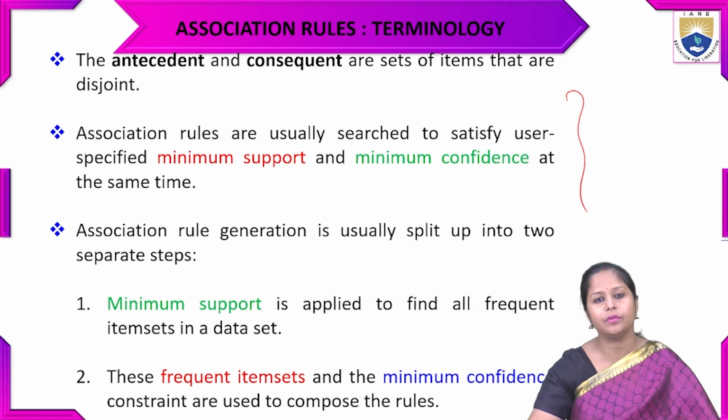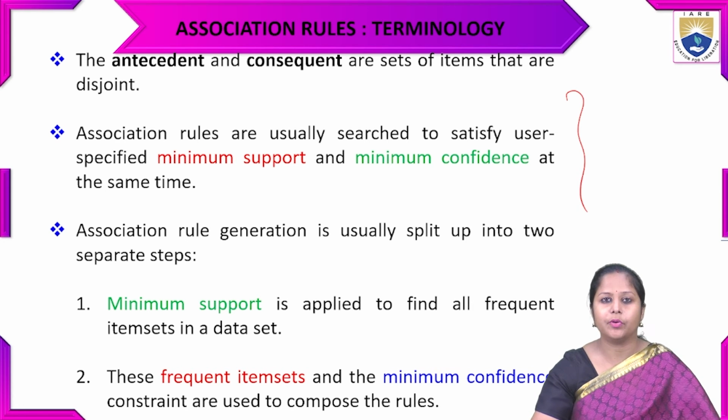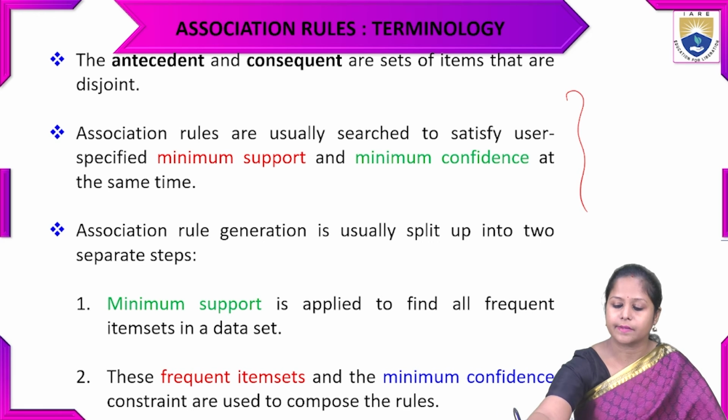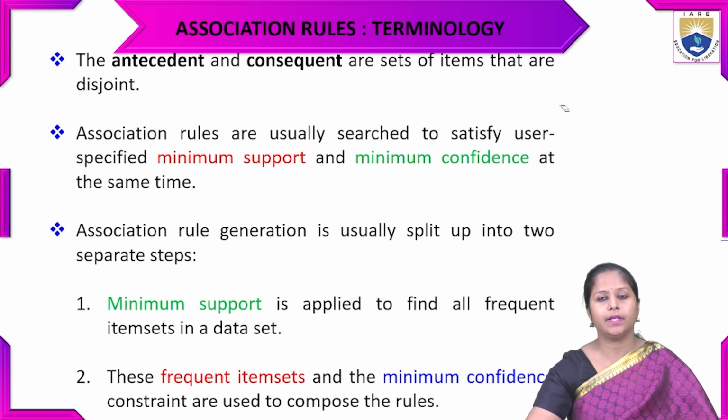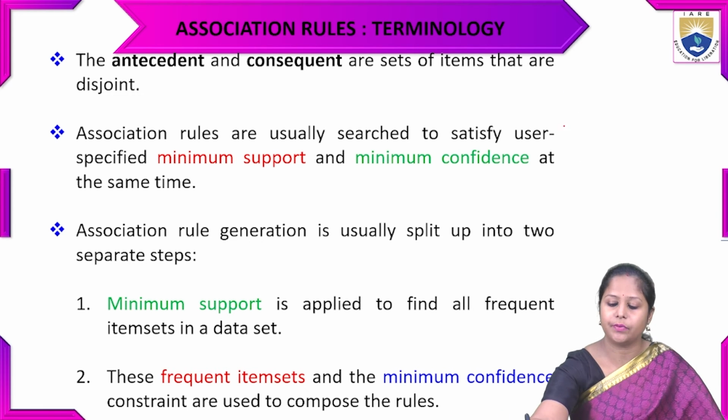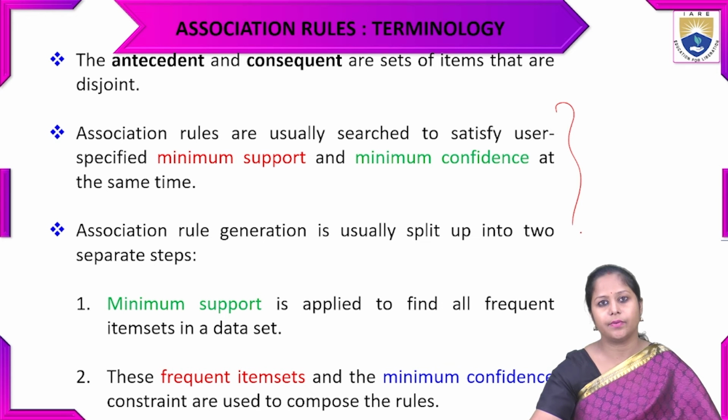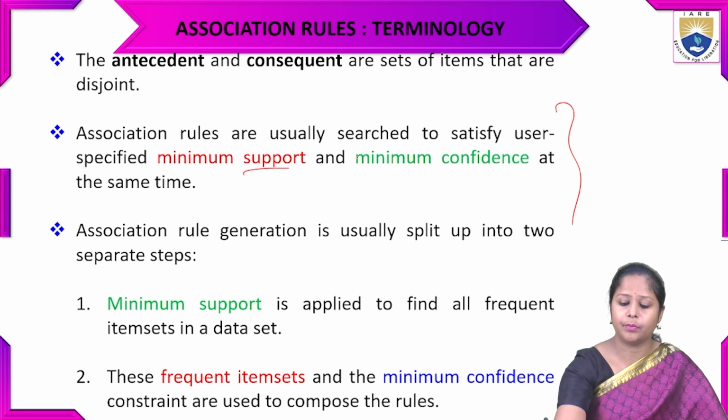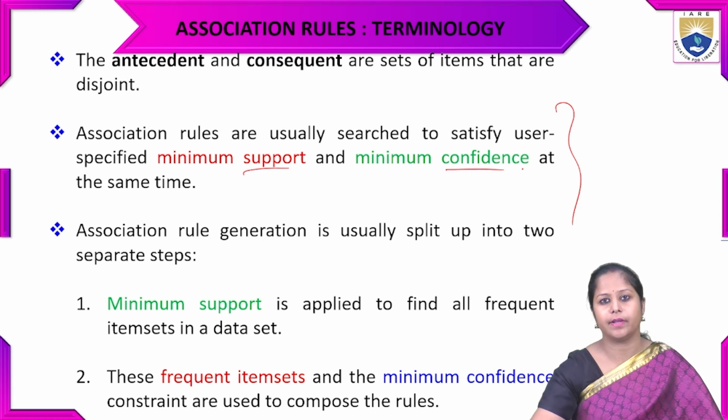He or she has to set some minimum confidence and some minimum support for a single transaction. So we have to search for rules that satisfy the user specified minimum thresholds, for support as well as for confidence.